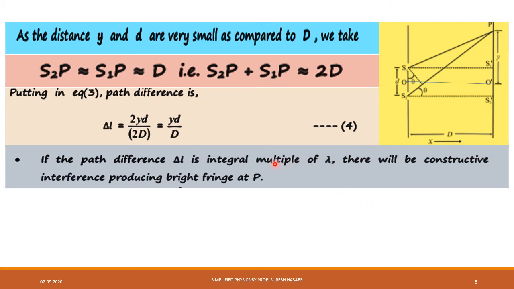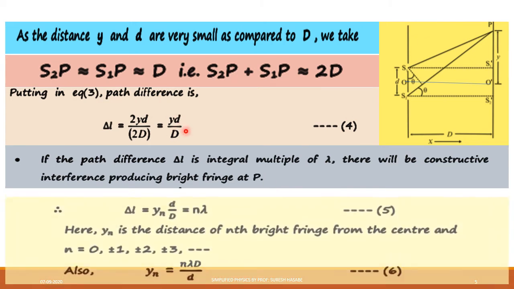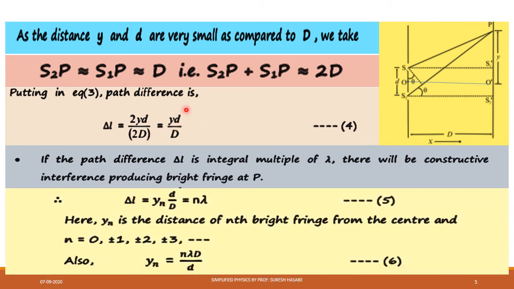If this path difference is an integral multiple of lambda, the wavelength of the two waves, that means this equation changes to delta L is equal to yd upon capital D, only y is replaced by Yn. Yn into small d upon capital D is equal to n lambda, where n is an integer. That is equation 5.